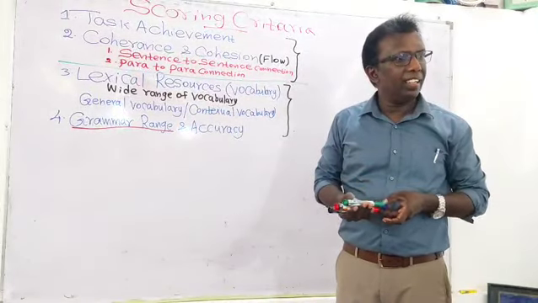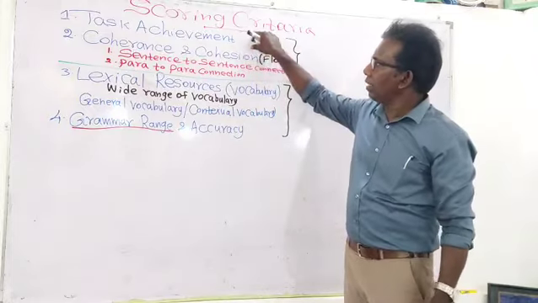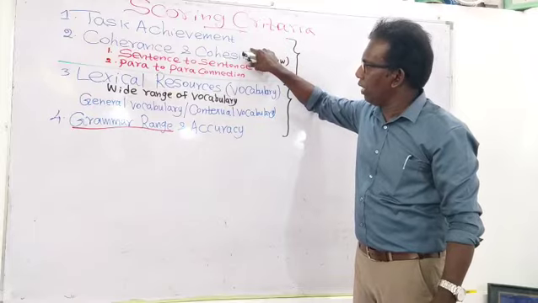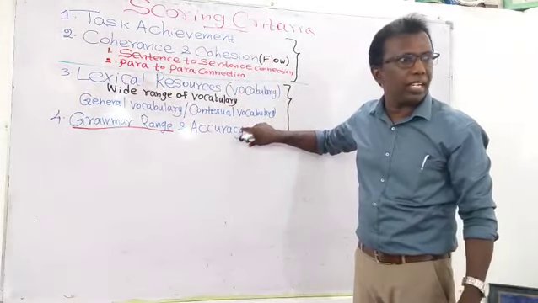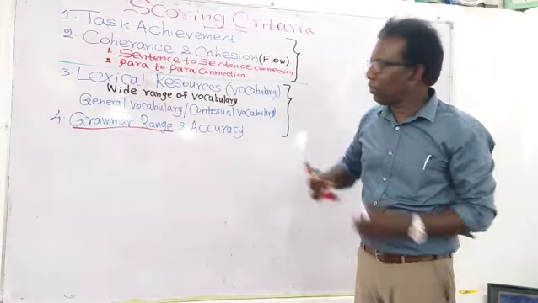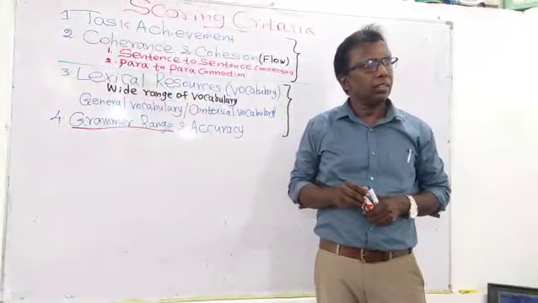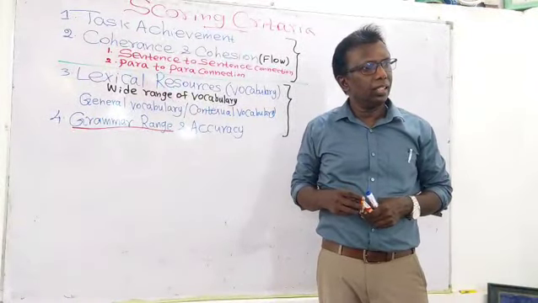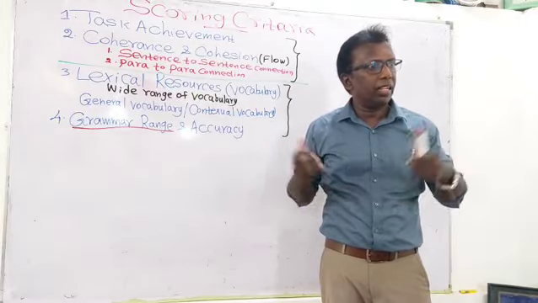Anyone? What do you think? Task achievement, coherence and cohesion. Lexical resources, vocabulary, and grammar range and accuracy. Can you see any difference between these two and these two? Any idea? Ishan? Very good. Nirosha? Yatrika?